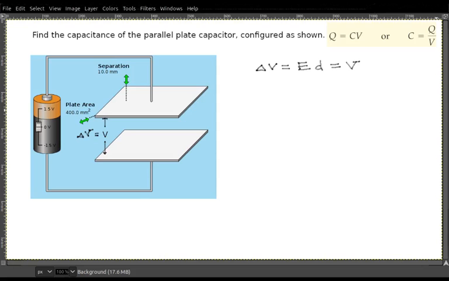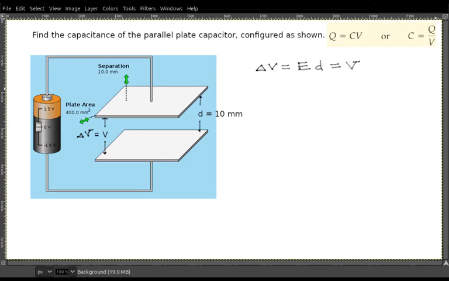If you go back and look at our previous work, you'll find that we derived the fact that the change in potential, delta V, across the plates is equal to the electric field across the plates times the plate separation, which now we're just calling V for change in voltage.